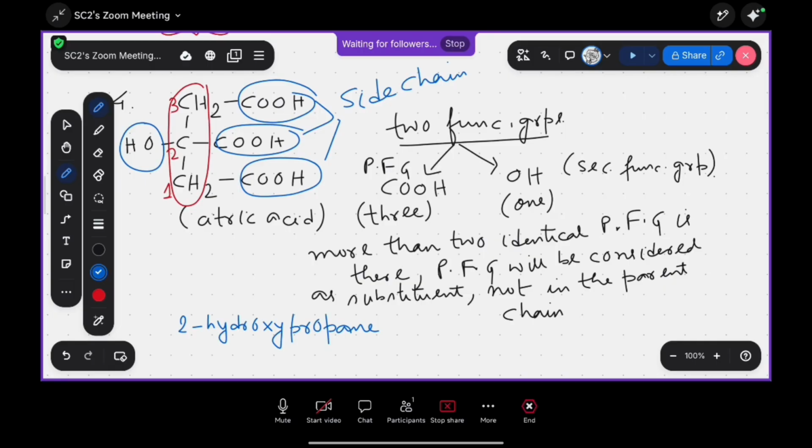So 2-hydroxypropane, then 1, 2, 3. You need to write the locant as well. Then tricarboxylic acid.